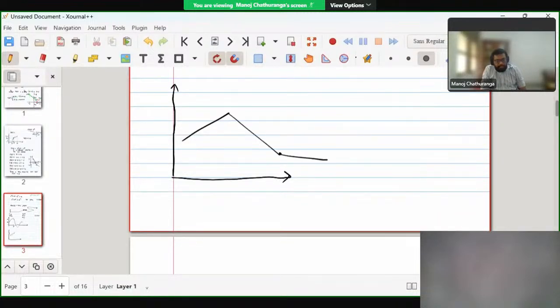At each piece, we can measure the slope of the graph. Slope of the graph is acceleration.